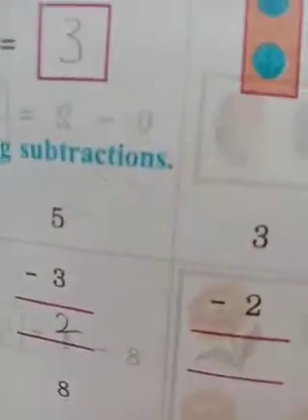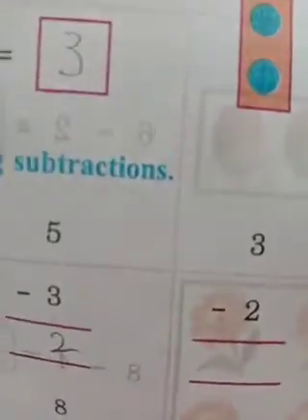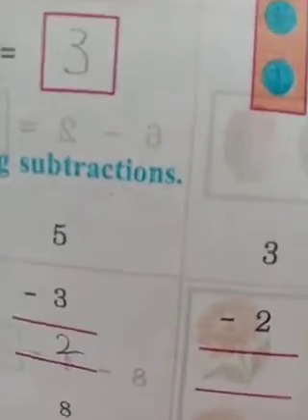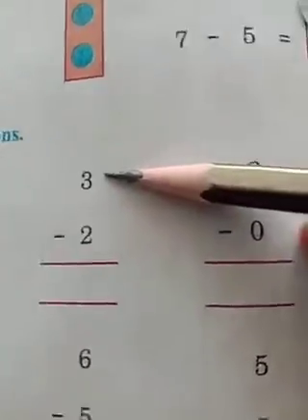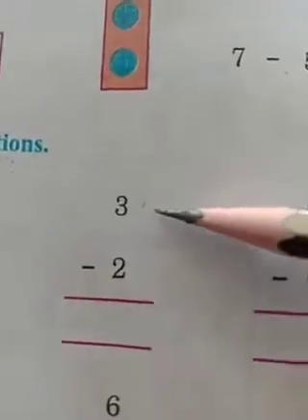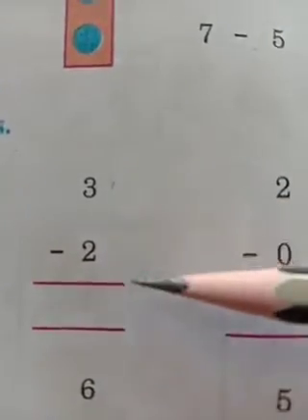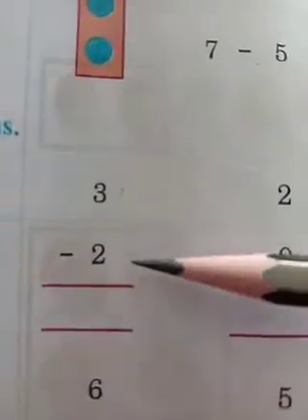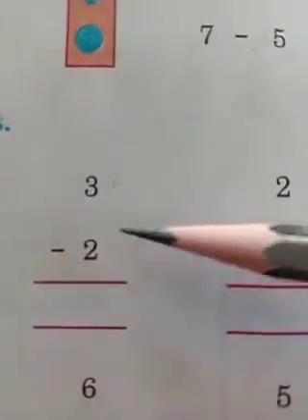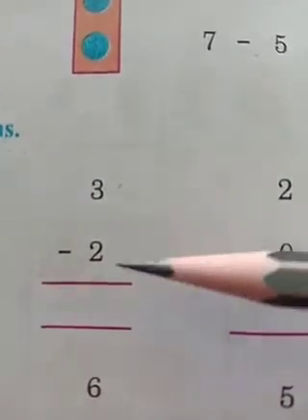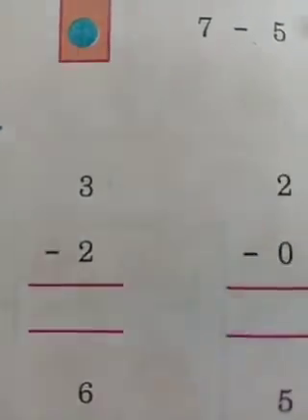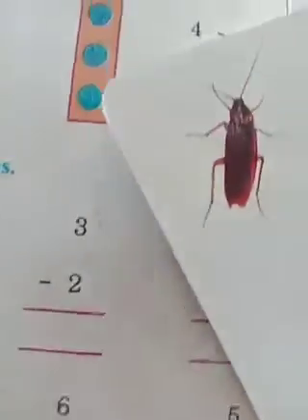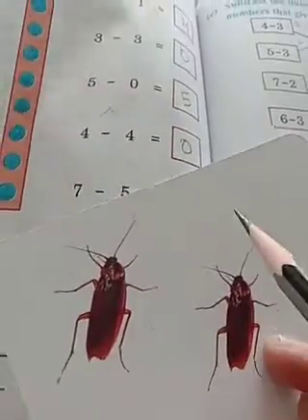What is the up number, children? 3, spelling T-H-R-E-E. The down one, 2, T-W-O. 3 minus 2. Here 3 cockroaches are there.